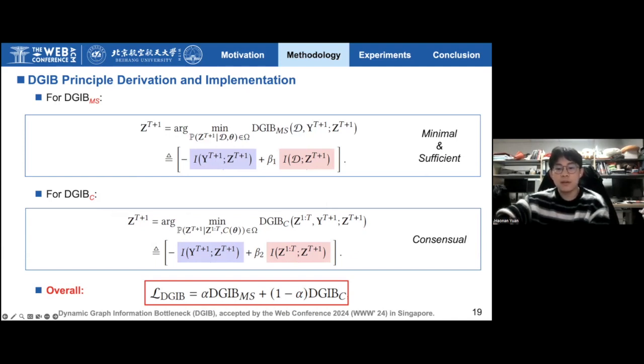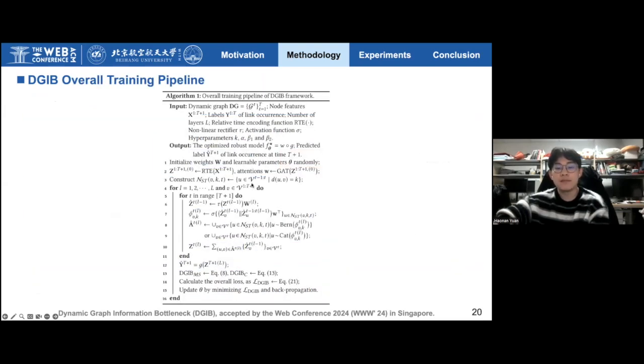The two optimization objectives are merged into the overall objective through a trade-off by the hyperparameter alpha, and the dynamic graph representation finally meeting the minimal, sufficient, and consensual conditions is optimized under the joint efforts of the two channels, thus achieving better prediction performance on the downstream task. This is the overall training pipeline of the DGIB framework.